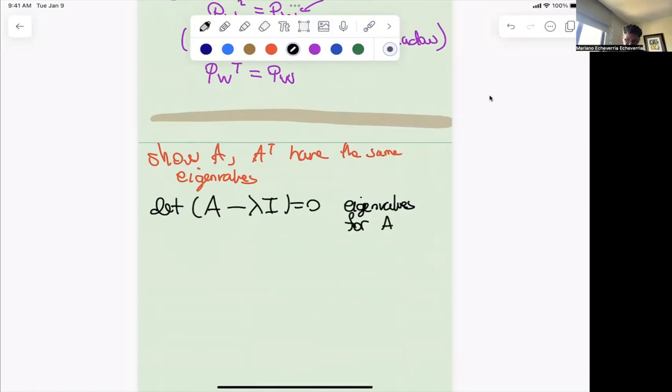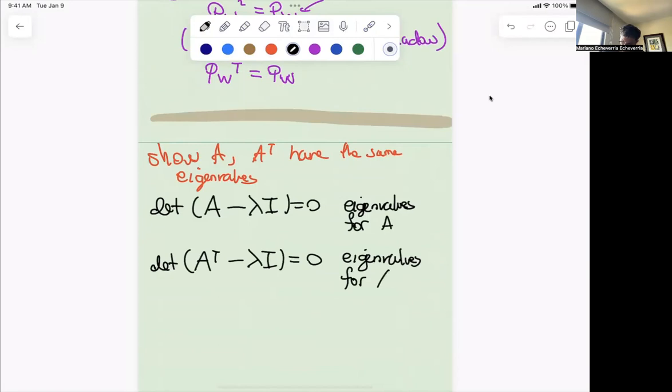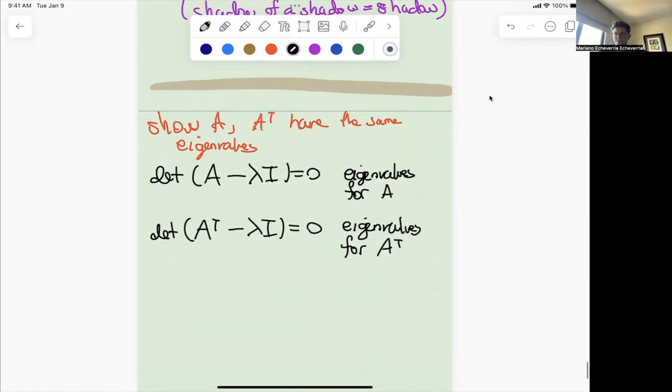What would be the eigenvalue equation for A transpose? The determinant of A transpose minus lambda I equals 0. Is that making sense? But if you remember, what's the cool thing about the determinant? The determinant of a matrix is the same as that of its transpose.